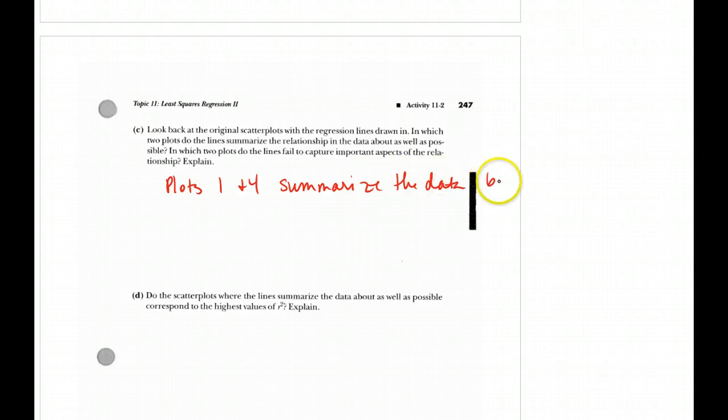Look back at the original scatter plot with the regression lines drawn in, and which 2 plots does the line summarize the relationship as well as possible? So if you look back at the plots, plots 1 and 4 summarize the data best, and 2 and 3 are better described by a curve.